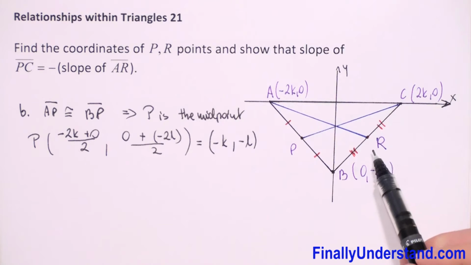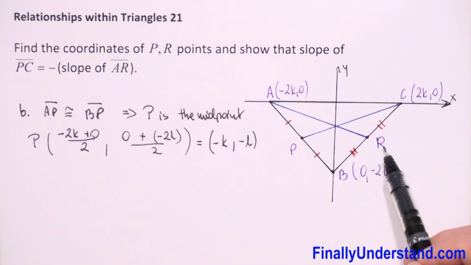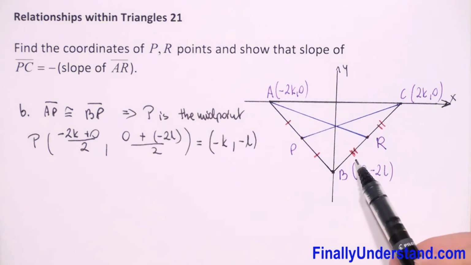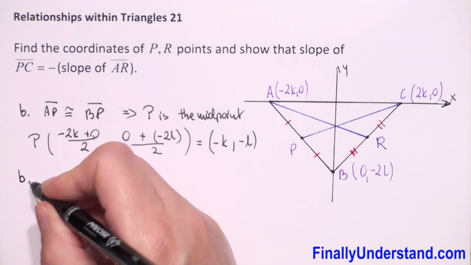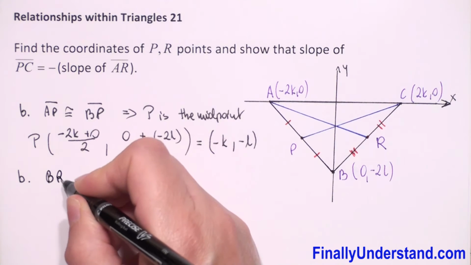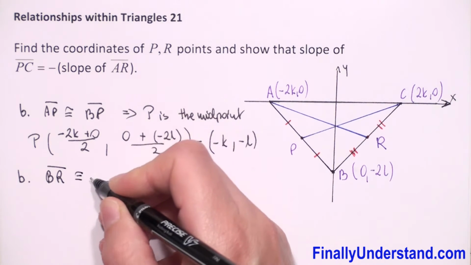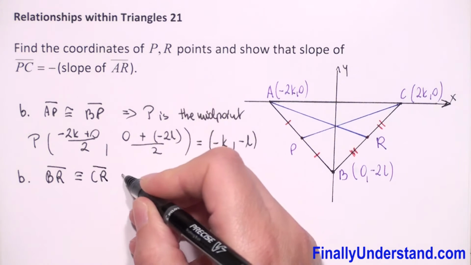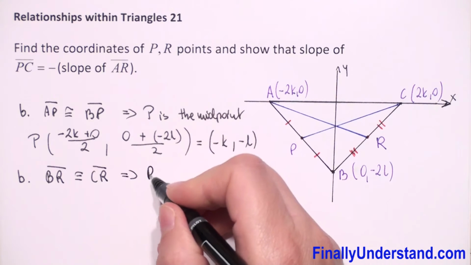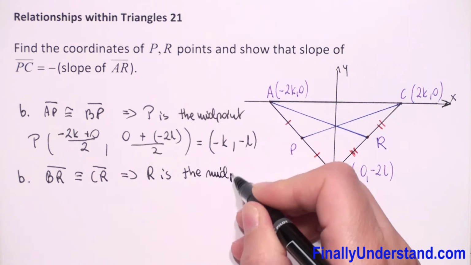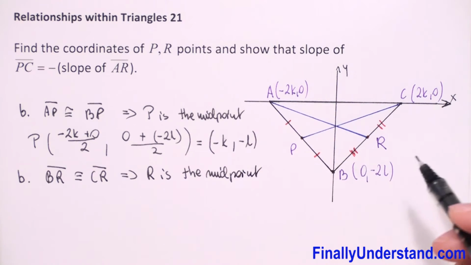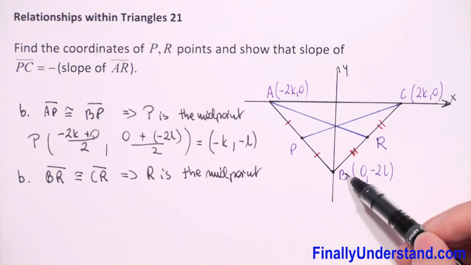Now we have to find the coordinates of R point, because we see that we have two marks on segments BR and CR. It means that these two segments are congruent too. So because BR segment is congruent to CR, we have that R is the midpoint of segment CB.